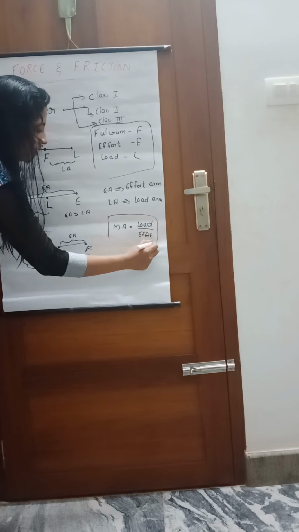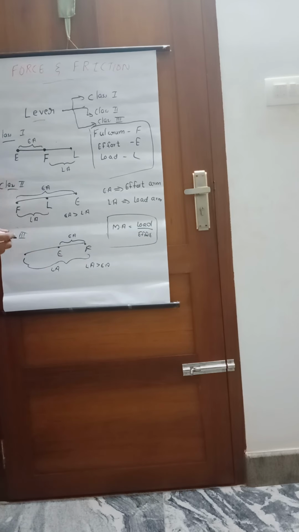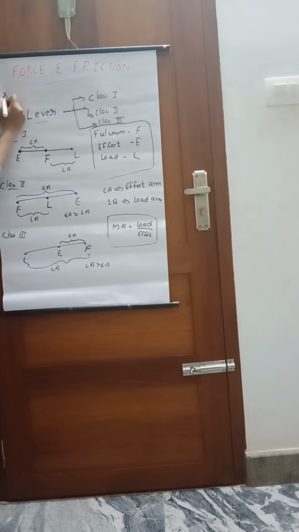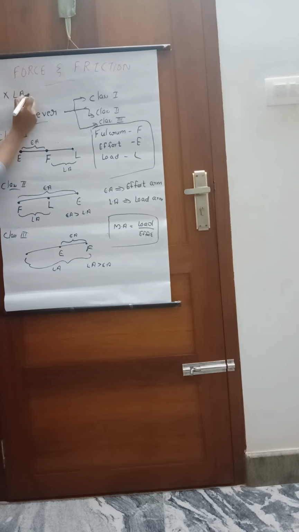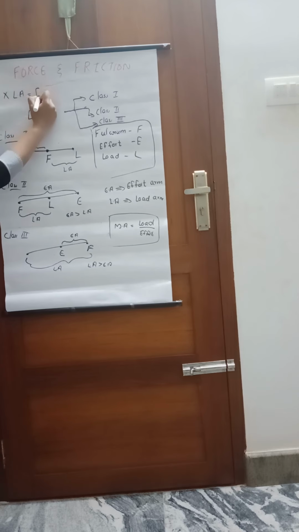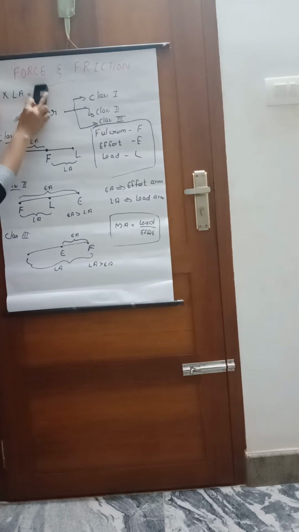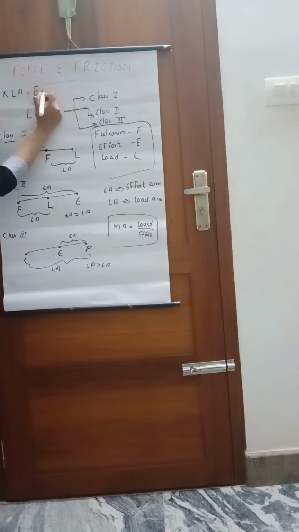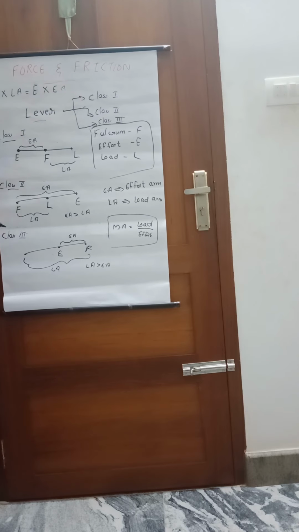Just keep in mind, the principle of lever is: load into load arm is equal to effort into effort arm. Here L represents load, LA represents load arm, E represents effort, and EA represents effort arm.